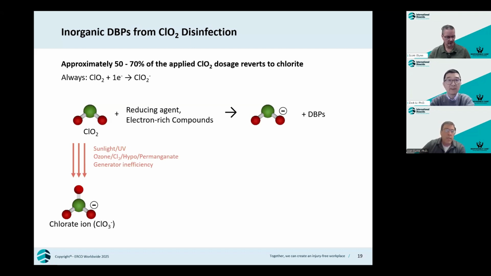It can be from combining chlorine dioxide or chlorite with stronger oxidizers like ozone, chlorine, or permanganate that oxidize chlorine dioxide or chlorite to chlorate. And this could also arise from generator inefficiencies or chlorate levels in the precursor chemistry being used in the chlorine dioxide generators.